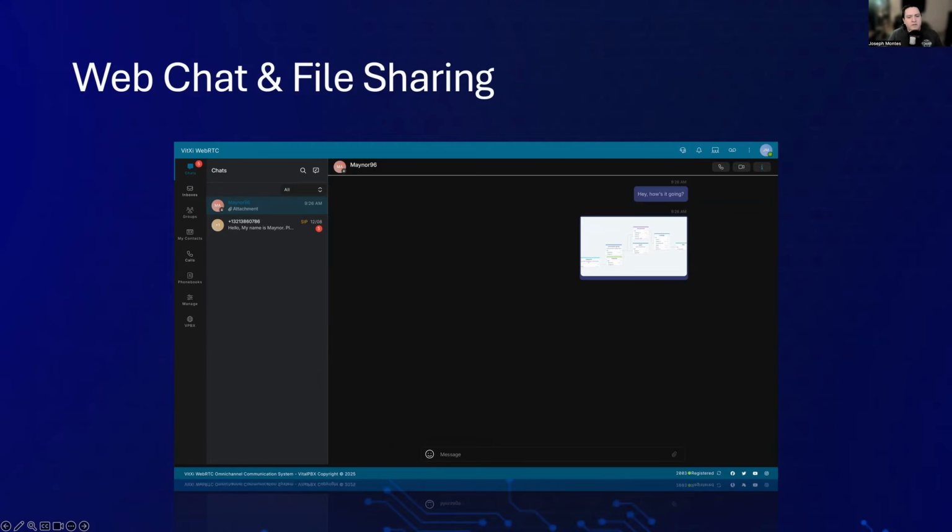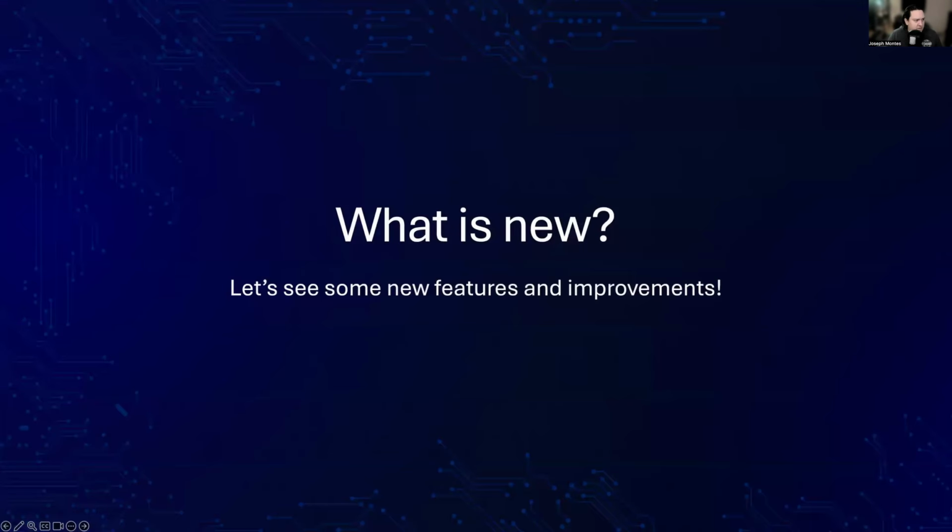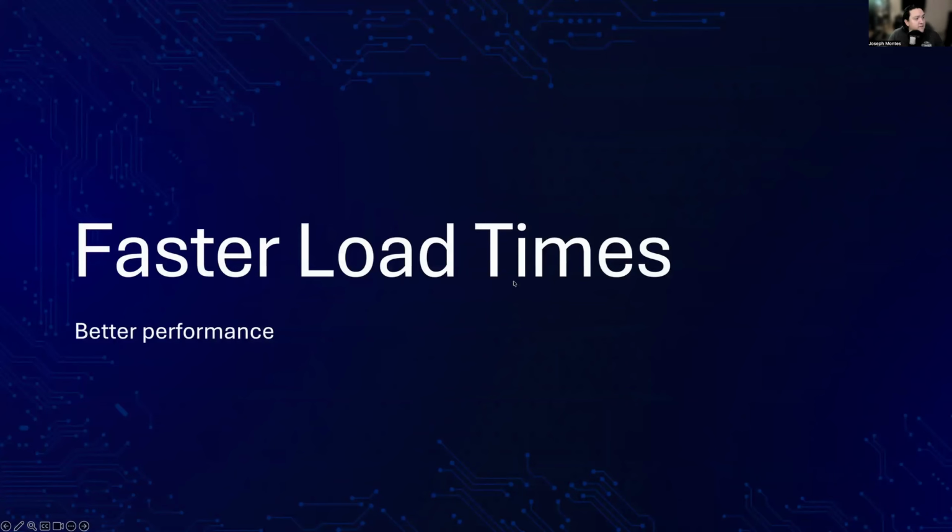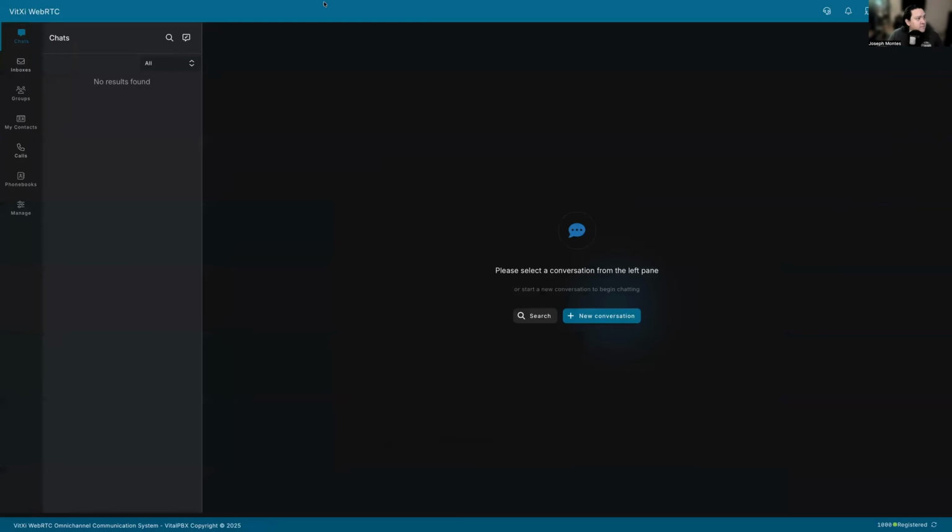So after that quick refresher, what is new in VitXi? What is different right now? First of all, we have faster load times. Now when you load VitXi, you're able to enter with a brand new splash animation, and you will see that I'm registered right away.